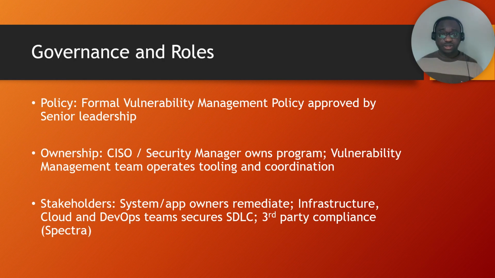Governance and roles are important components in the success of a vulnerability management program because they establish structure, accountability, and clarity. Within the program, clear role distribution and accountability are essential for effective risk reduction and accurate reporting. This formal vulnerability management policy is created and approved by the leadership.